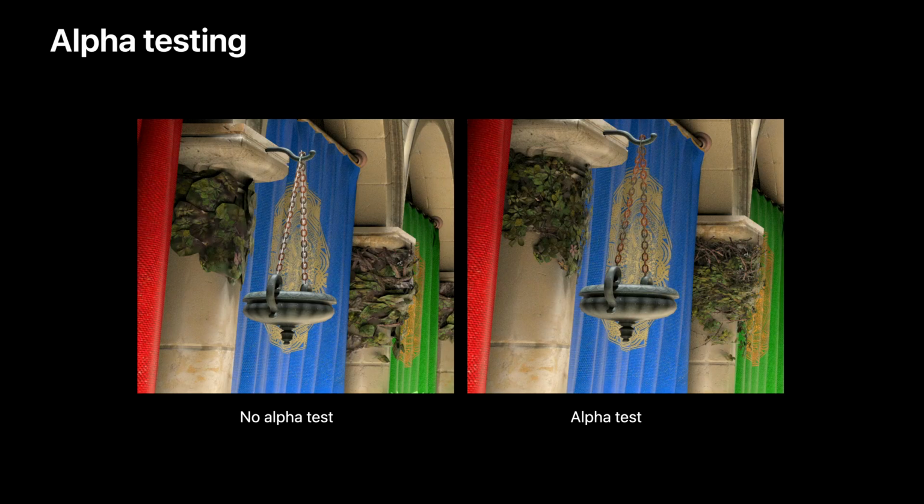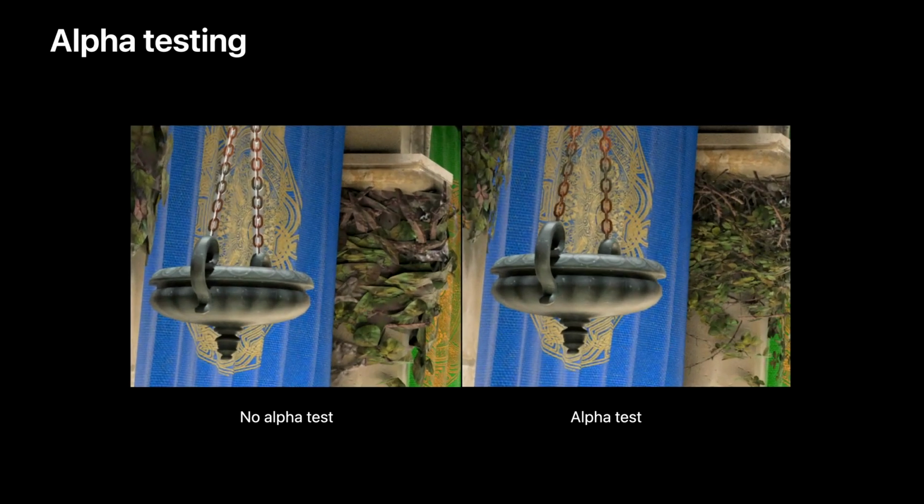Going back to the alpha test example from last year's ray tracing with Metal presentation, we demonstrated how alpha testing is used to add a lot of geometric detail to the scene, as you see here in the chains and leaves. We also learned how easy it is to implement alpha testing by customizing an intersector using the triangle intersection function.